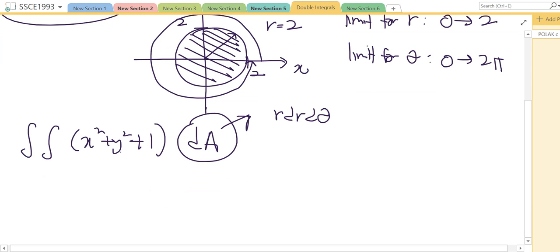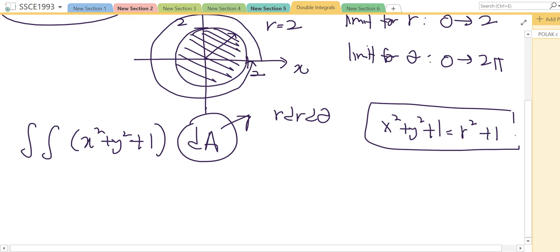The question gives you the integrand in Cartesian, so you have to change into polar first. x squared plus y squared plus 1 is equal to r squared plus 1, because x squared plus y squared is equal to r squared. Make sure that when you substitute the limits, all the terms are in polar, which means in terms of r and theta.